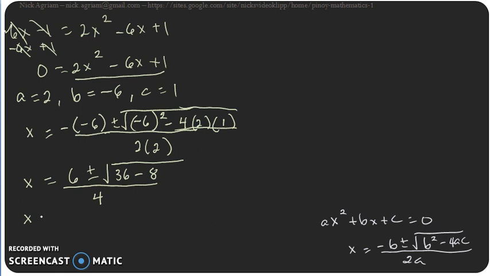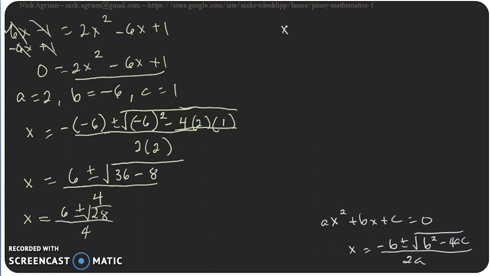So we have x is equal to 6 plus minus square root of 36 minus 8, that is 28, square root of 28 divided by 4.